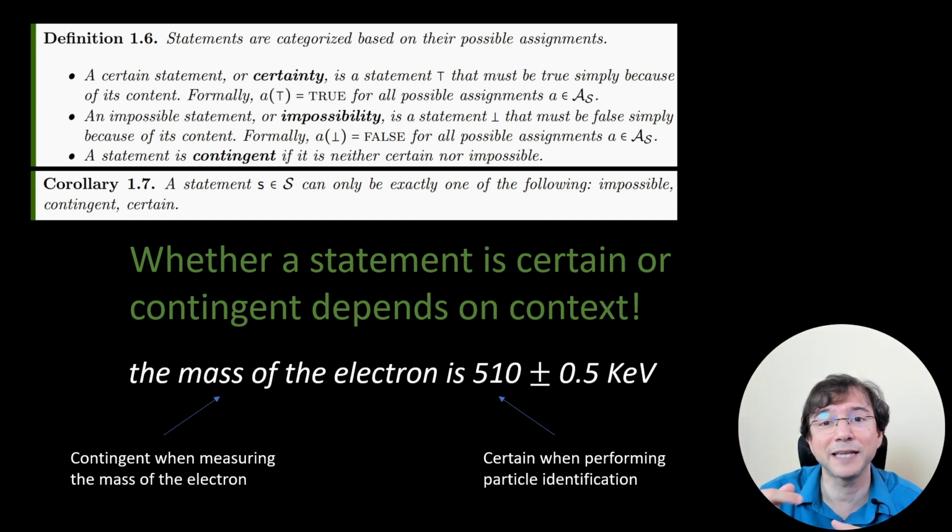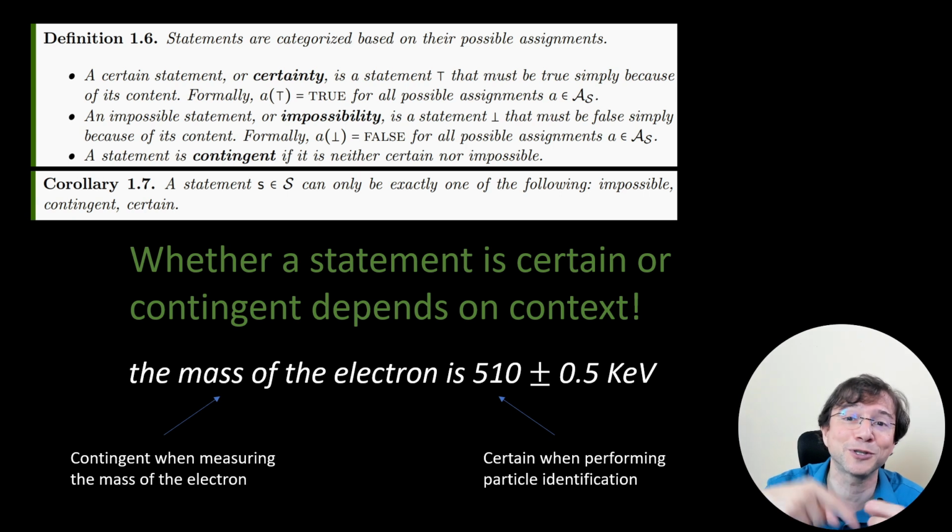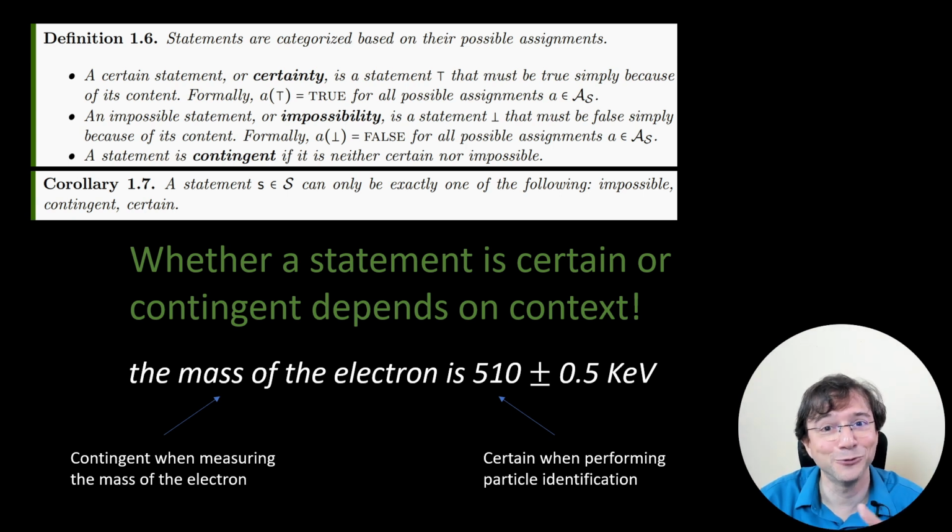But then you can say, well, I know that the Doppler effect exists and I don't know the velocity of the target, so I use the Doppler effect to find the velocity. So whenever you are in a context, the role of what is the fixed set, what are your certainties, and what are the contingent things you have to figure out, changes.